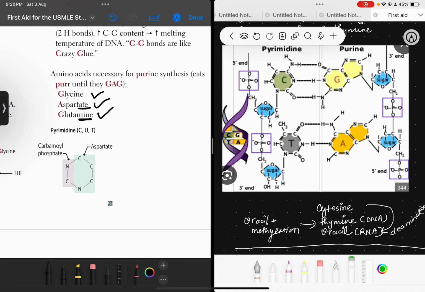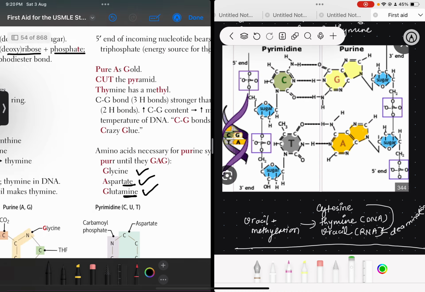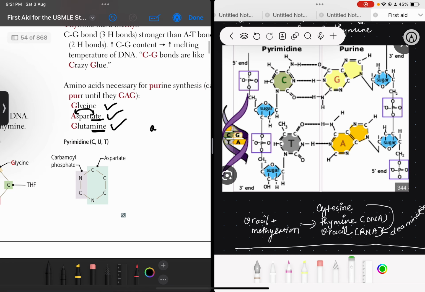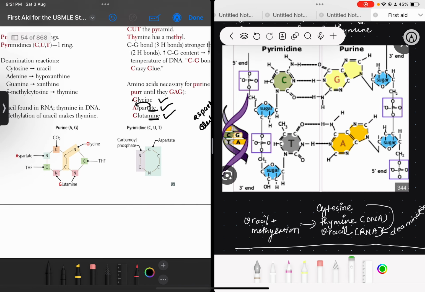So this can be confusing. So aspartate and glutamine. A with A, you can remember that: aspartate and glutamine. And the first amino acid is glycine.